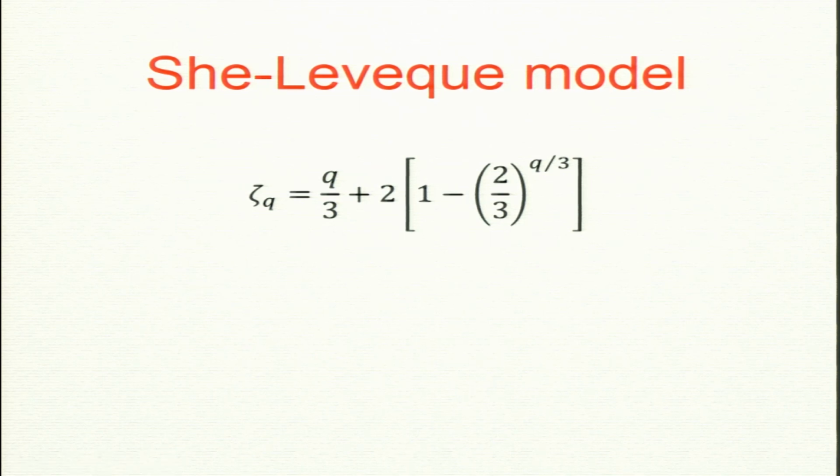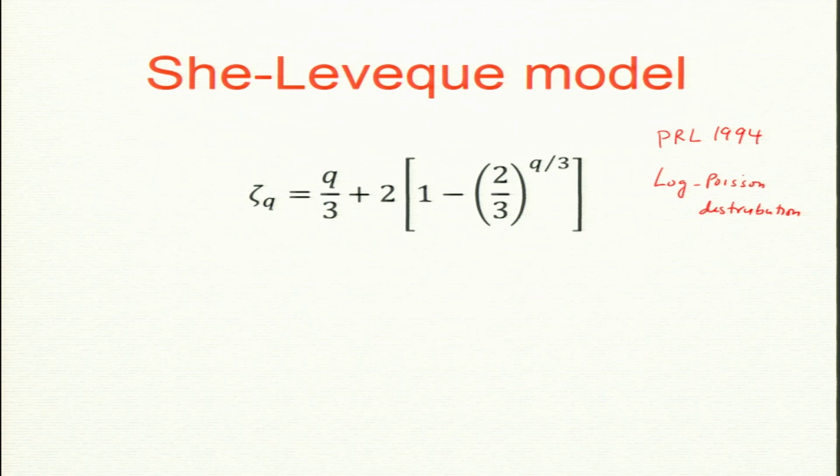Now, I will not discuss this in these lectures, but zeta q was derived by She and Leveque, assuming that the dissipation rate is fluctuating and has a log-Poisson distribution. You can look at the original paper, Physical Review Letters 1994.